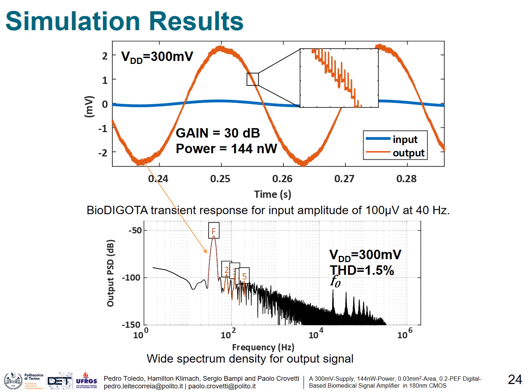The transient response with noise for an input signal of 100 microvolt at 40 Hz is shown in this picture, where we can see a gain of 3 dB with a THD equal to 1.5%, consuming only 144 nanowatts.